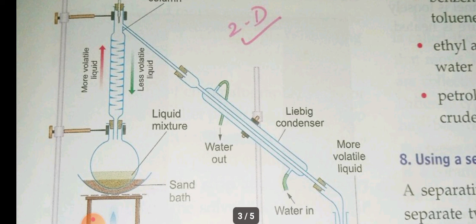Once again the mixture will start to evaporate, and these vapors will be condensed in the condenser, and you can collect the liquid. The liquids that are collected separately are called fractions, and the method is also known as fractionation. This is about the fractional distillation method.